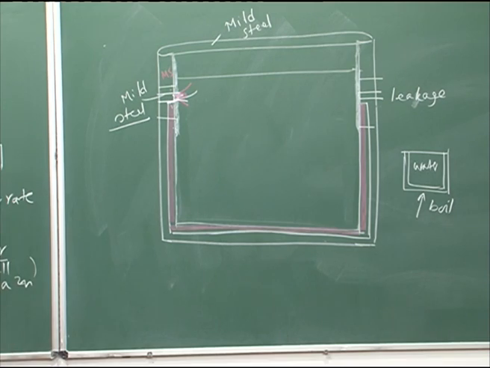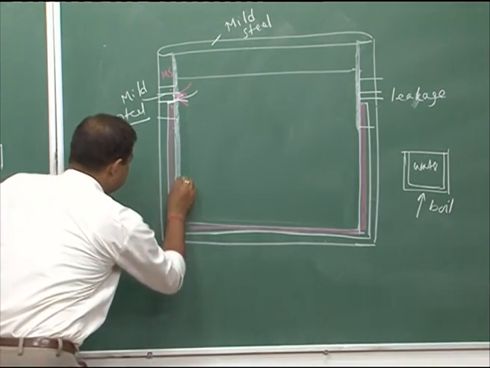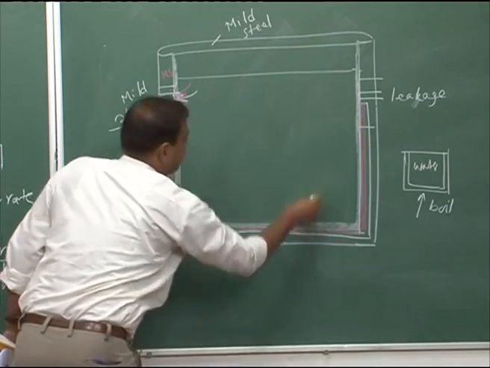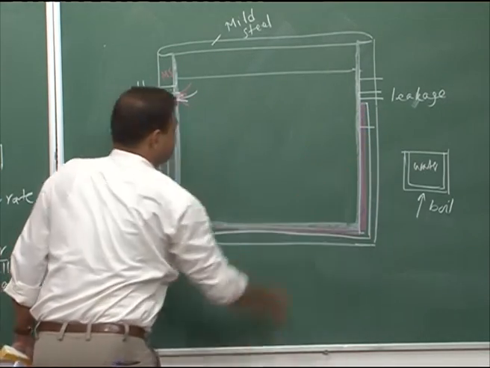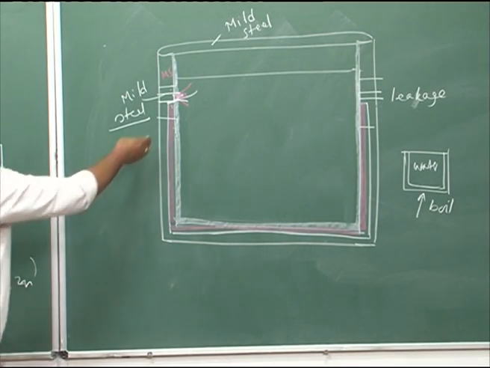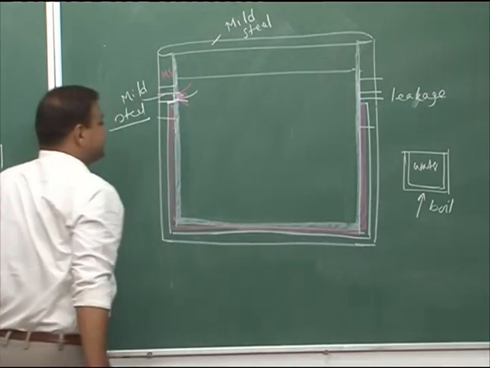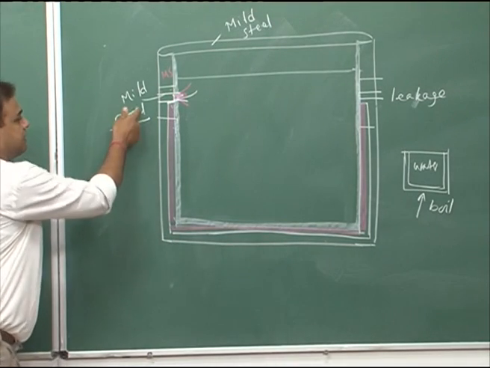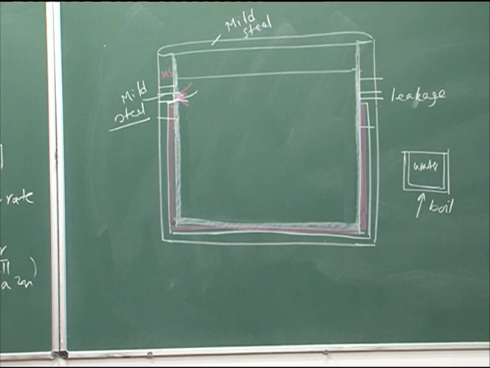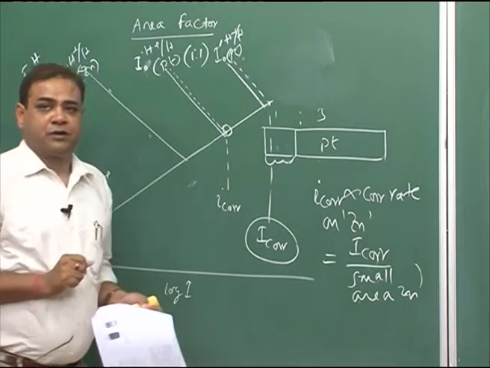The simple protection would be if we can extend this phenolic coating and cover up the entire stainless steel bottom. If we cover up the entire stainless steel bottom, then we do not experience this phenomenon of large cathodic area and small anodic area, which is very unfavorable with respect to galvanic corrosion.